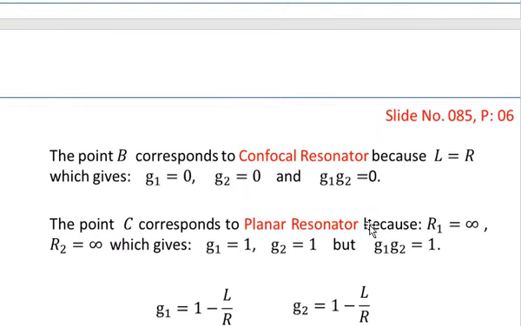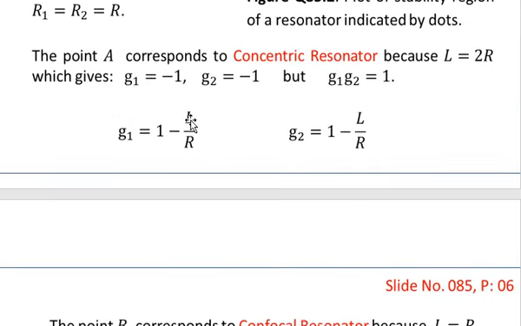Let's see that one. The point B corresponds to the confocal resonator, because L is equal to capital R for such a resonator, which gives G1 is equal to 0, G2 is equal to 0. So you see that if you put capital L is equal to capital R, G1 becomes 0. Here again, if you put capital L is equal to capital R, G2 becomes 0.